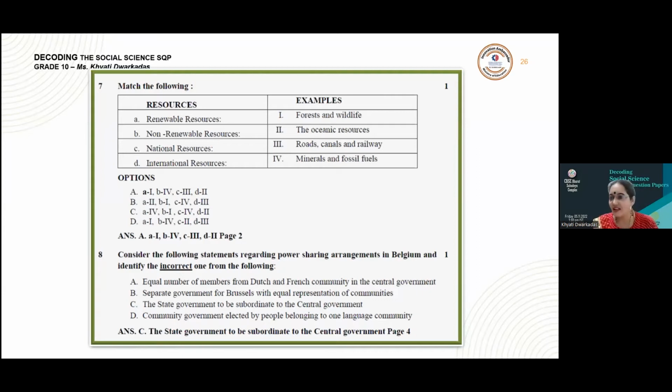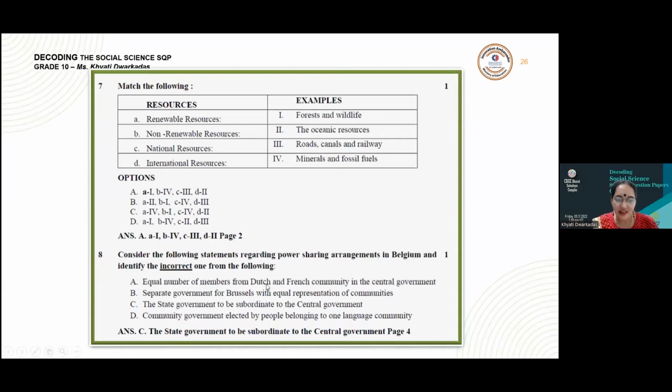Unfortunately, it just carries 1/4 mark if you go to see or match the following. No, in resources, you cannot consider it deleted. Forest and wildlife resources, the classification is deleted. The IUCN classification. Chapter 1, I think everything is there. And yes, we will come to this part of the sample paper a little later.